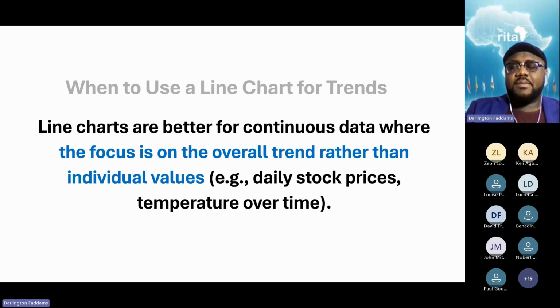Think about this. And so in this lesson, we have seen that column charts can also be used for trends and they work. But there is a time for it, and there is also time and place for the line chart.